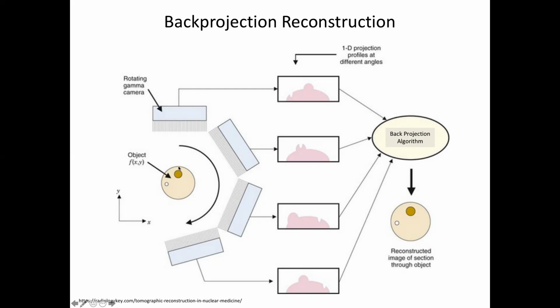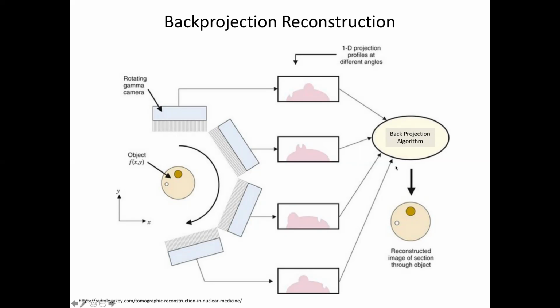Obviously, the resolution changes a bit as you go deeper into the object, because a volume that's emitting radiation here can kind of slip in to the side, whereas when it's closer to the detector, it basically is more localized, right?